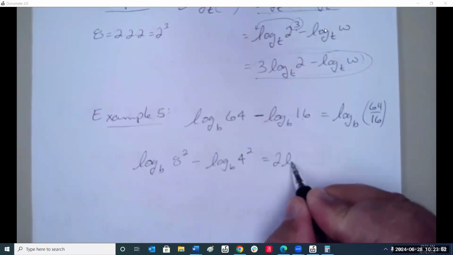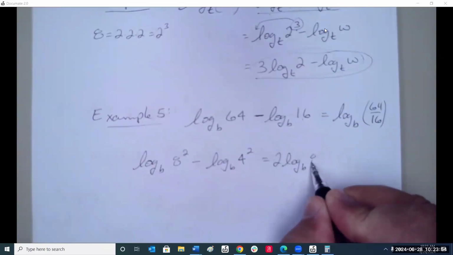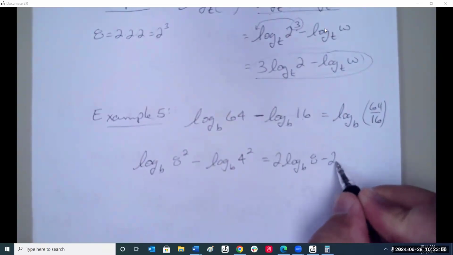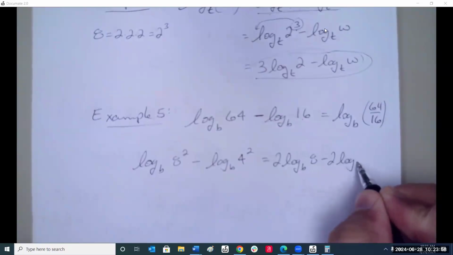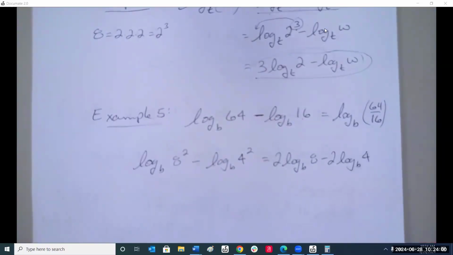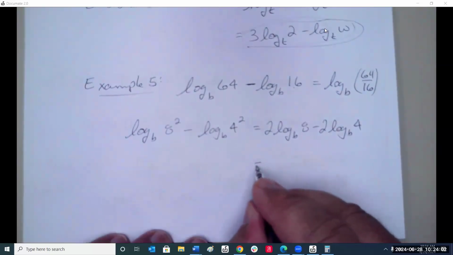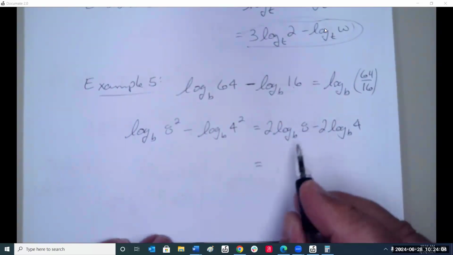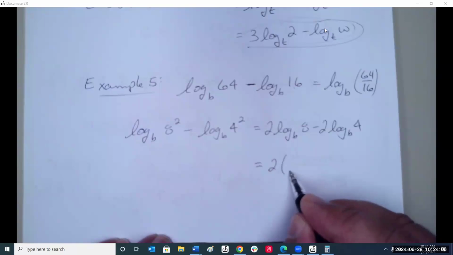So we could put the 2. They both have a 2, so we can factor it out.